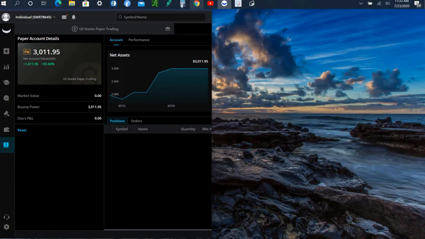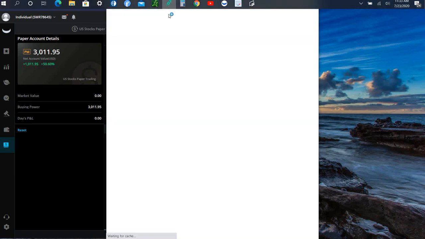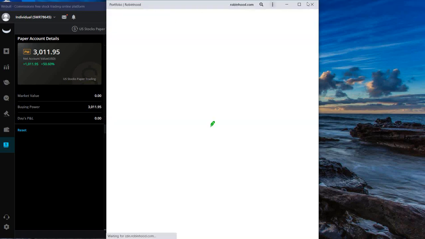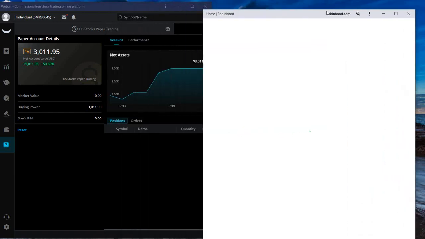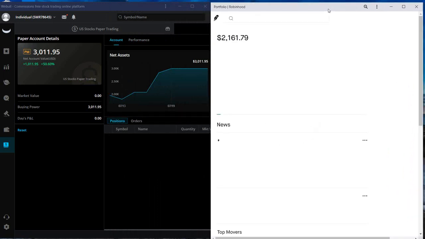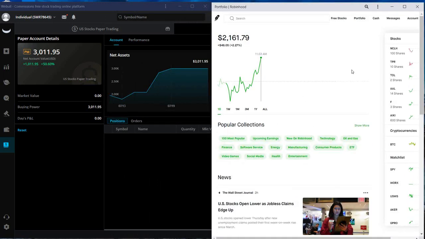So I'm trying to think of anything else I want to go over between these two platforms. I think that's basically it. They're both commission free.